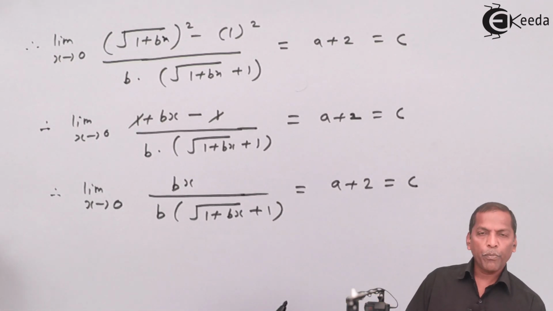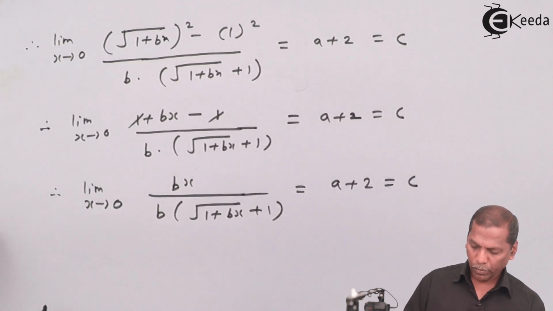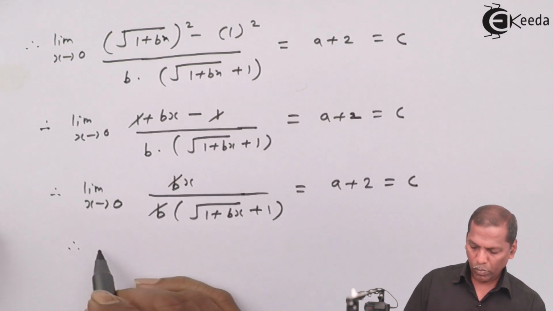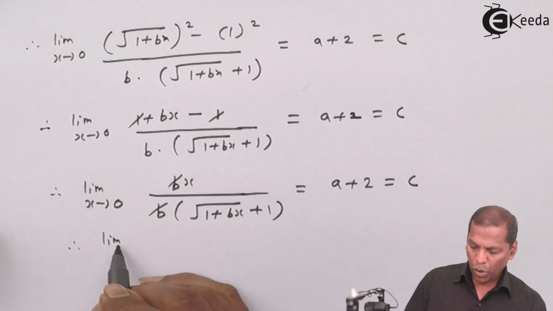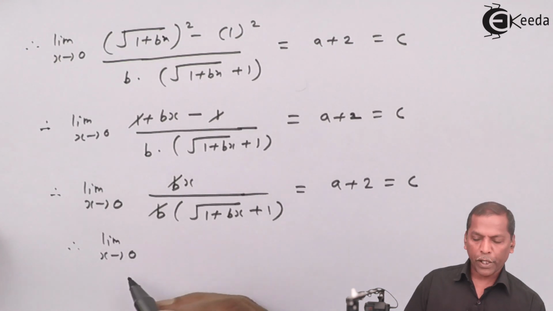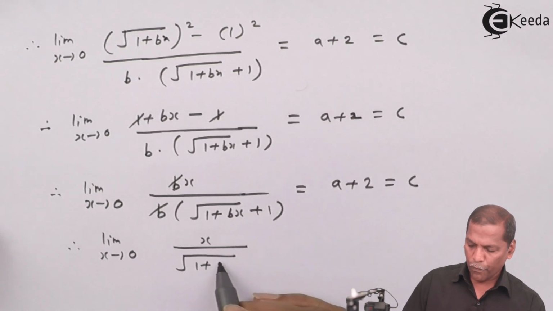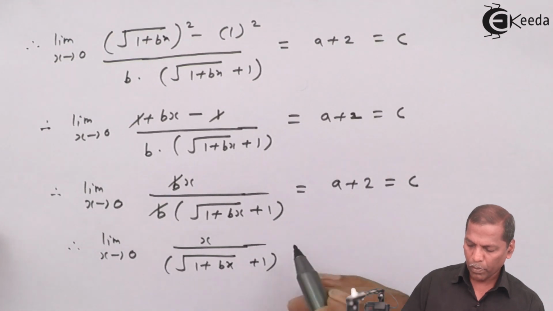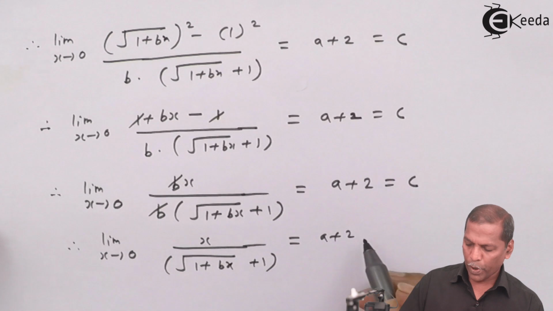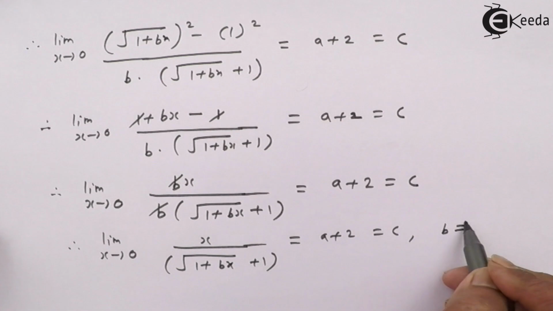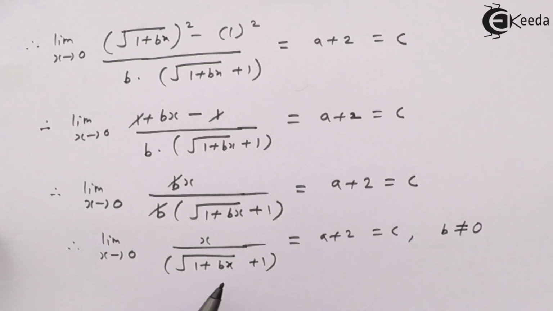Now here we cancel b from the numerator and denominator. So the next step will be limit x tends to 0 x upon square root of 1 plus bx plus 1, equal to a plus 2, equal to c, provided the condition that b is not equal to 0.